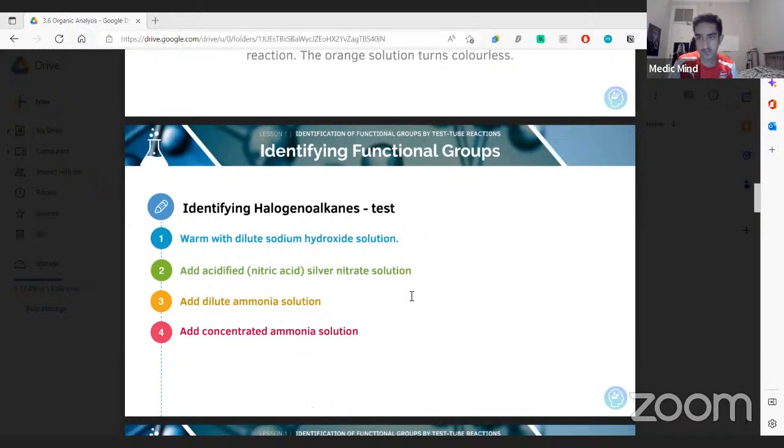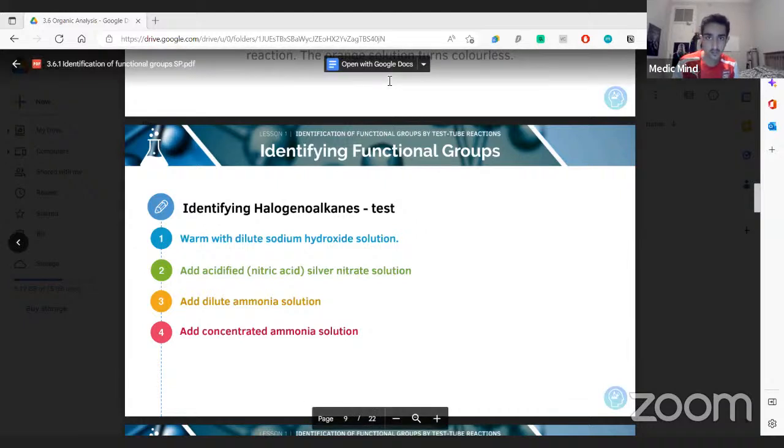Identifying haloalkanes, you can do that by warming with dilute sodium hydroxide, which breaks the halogens from the haloalkanes. It's basically a substitution. You do this so that the halide ions become free.